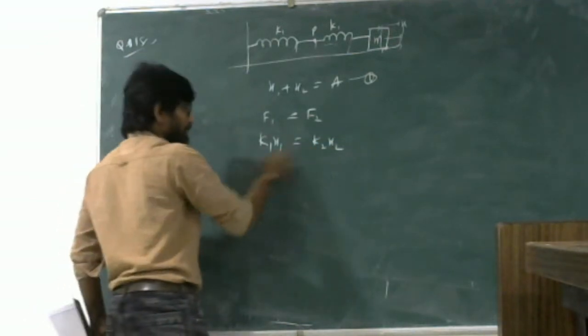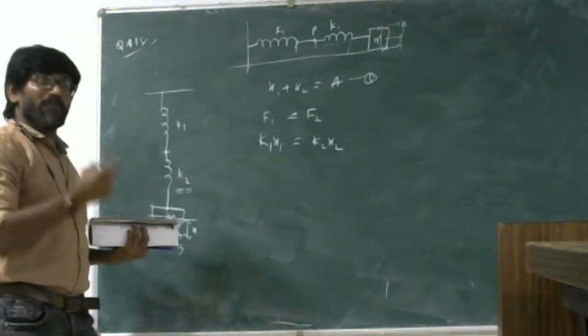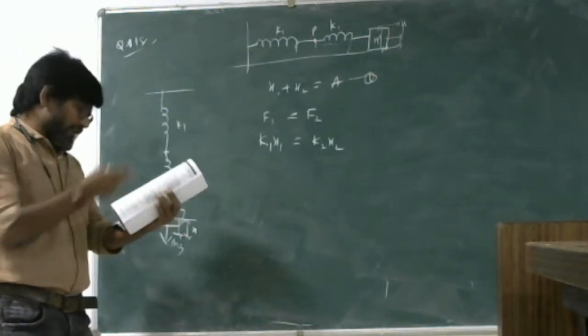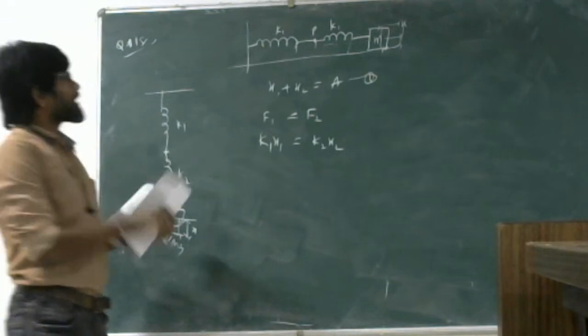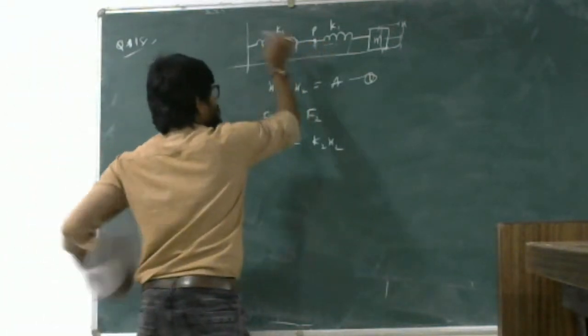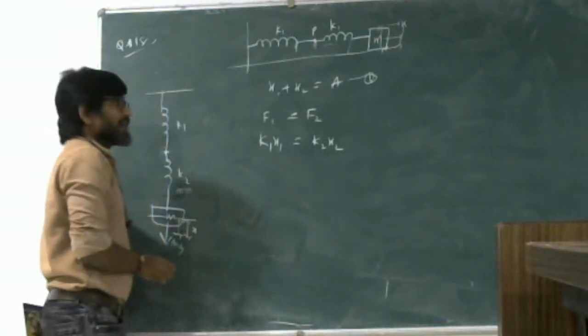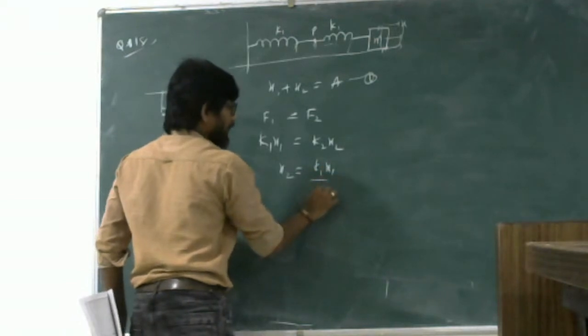Here you have to simplify based on the options, based on the question. So you can think about what it has to define: the amplitude of point P. Point P is related to this one. So x1 you want. If you want x1, write for x2. So x2 is equal to K1 x1 by K2.